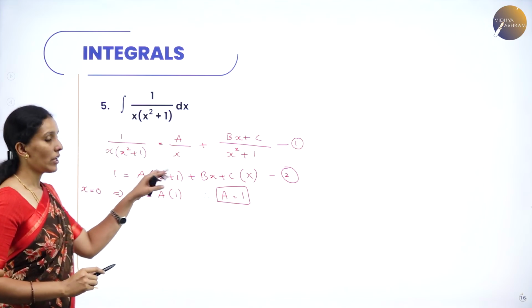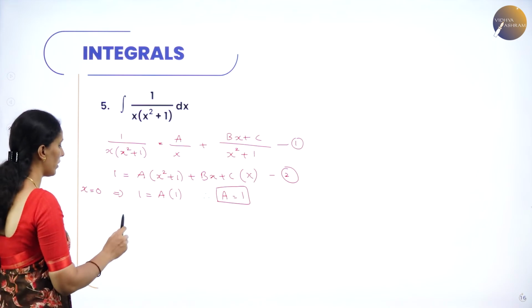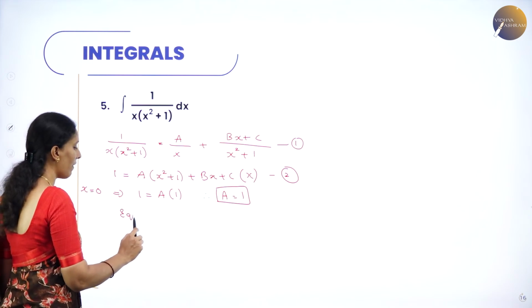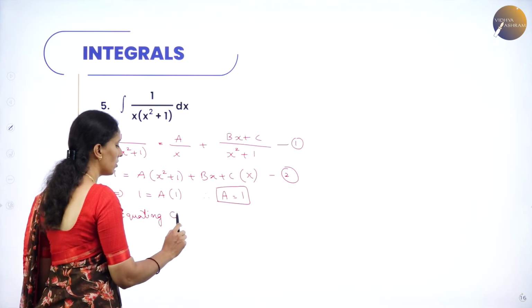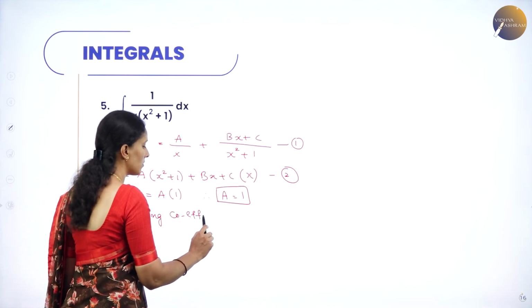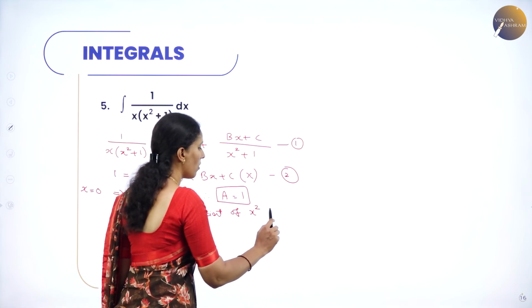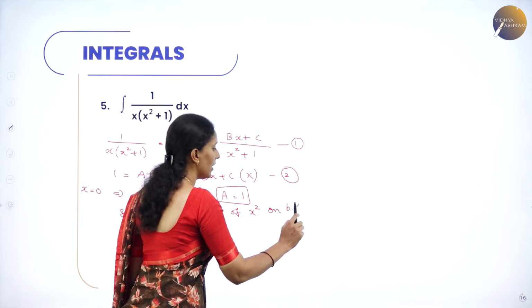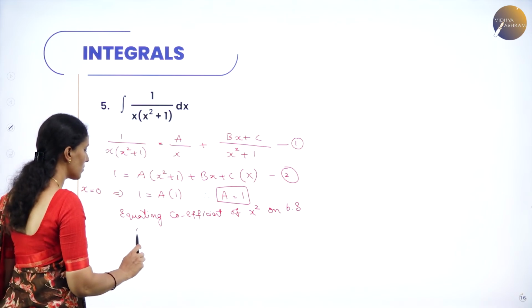So next, I don't have any other factors to equate. So let me take the coefficients to equate. So if you don't have any other factors, then use this method, equating coefficients of x square on both sides. Find any x square term on both sides. So on the right hand side, you don't have anything, so 0.